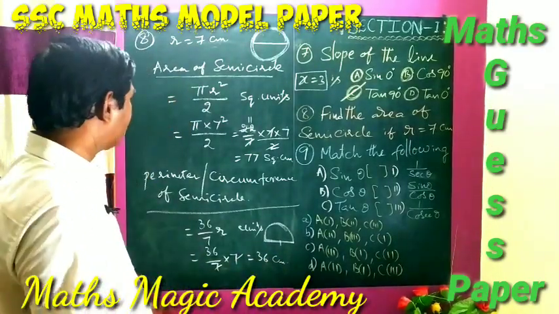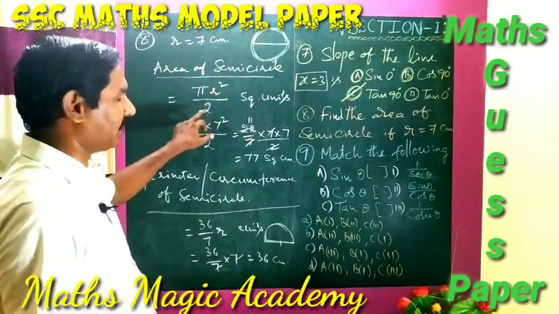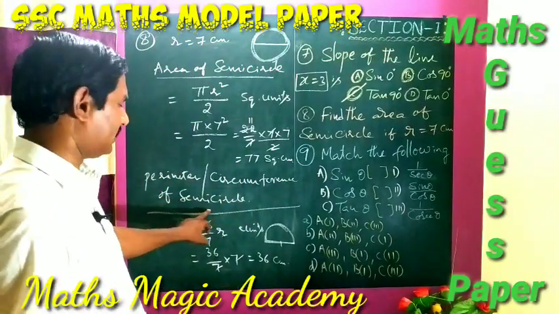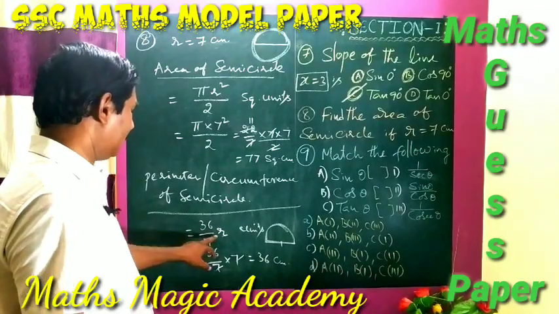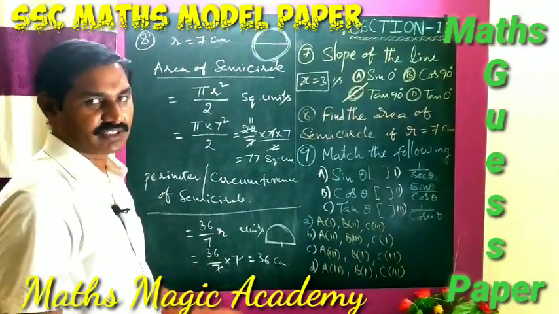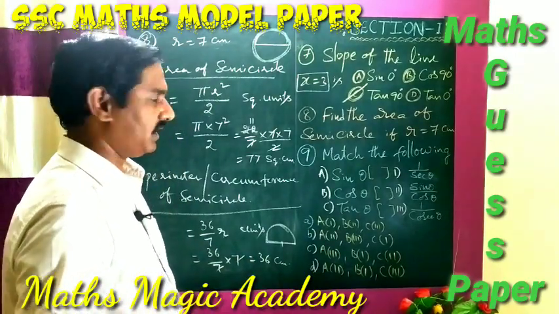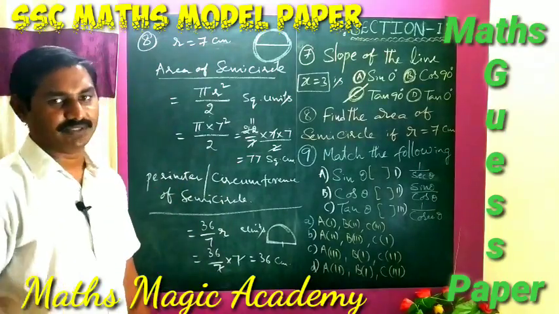So don't forget, you have to apply: if they ask you area, then pi r square by 2. If they ask you perimeter or circumference of a semicircle, it is 36 by 7 r. If they ask you circumference of a circle, that is 2 pi r. Okay, so don't forget the formulas, use the formulas and solve the problems.